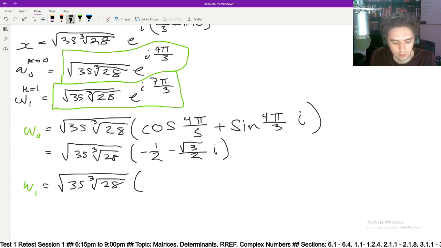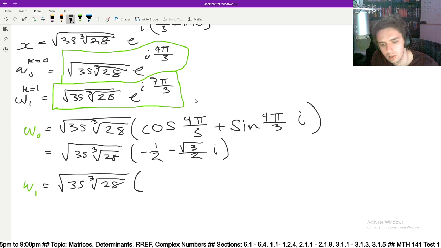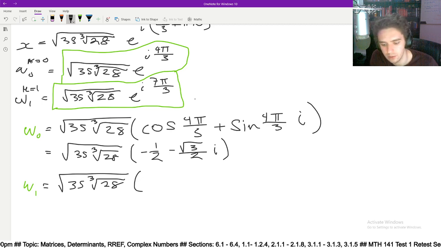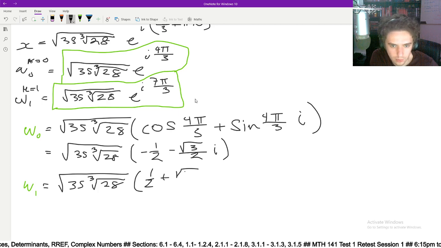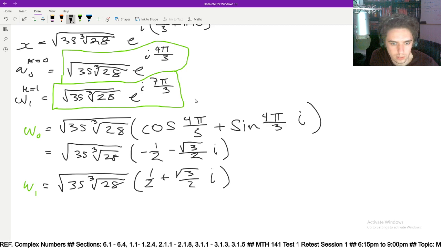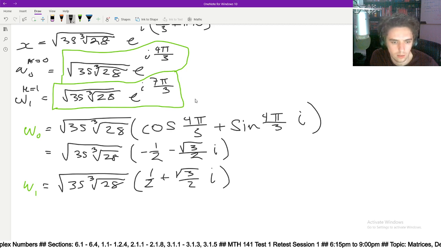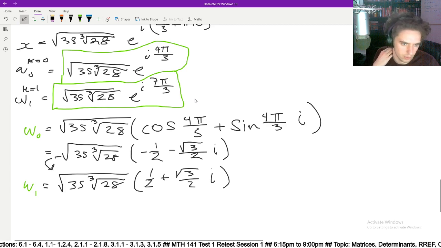Cos of 7 pi over 3 is a half, and the sine is root 3 over 2 i. So notice when you're taking the square root, it's just plus and minus. So this was the negative, positive. Really you can think of it as a negative in the front here. That gives you that one.